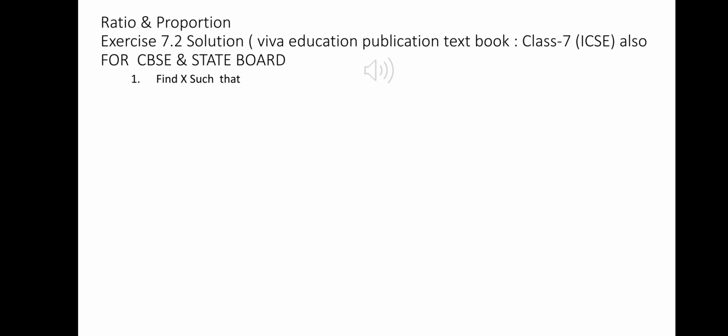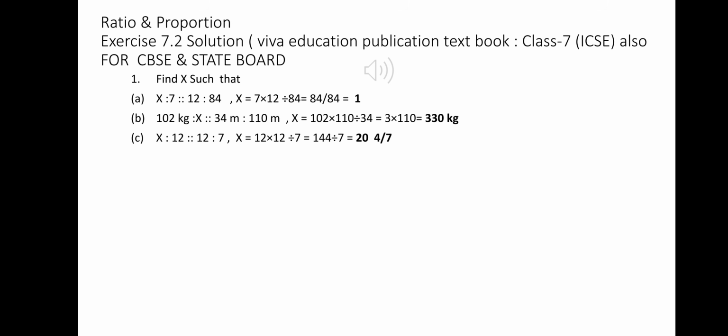The first question is, find x such that x is to 7 equal to 12 is to 84. So we have to find the value of x. We multiply the middle term, 7 into 12, divided by the fourth term, 84, and that gives 84 upon 84, that is 1.